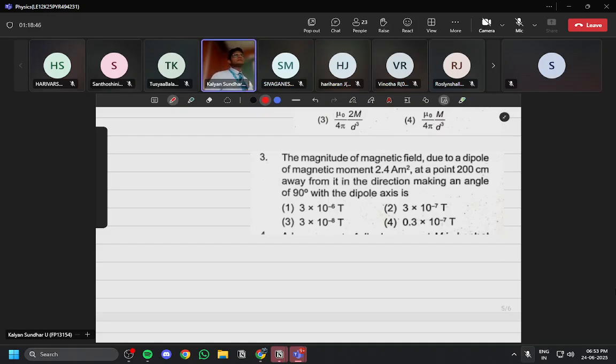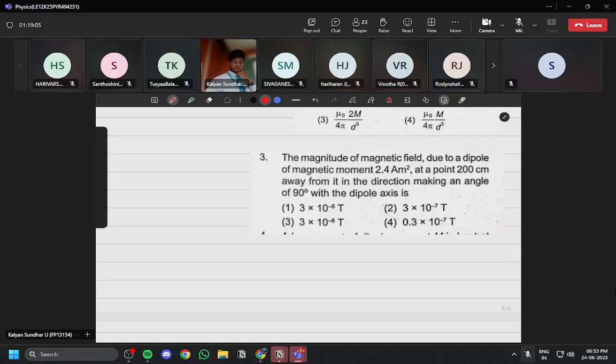So they are basically asking for the equatorial point. Here they haven't given the distance, and they have considered it to be a short dipole.